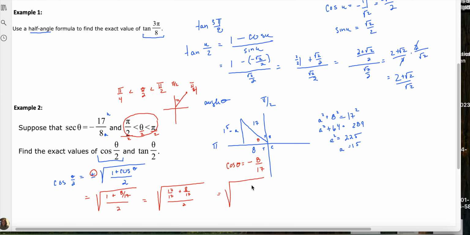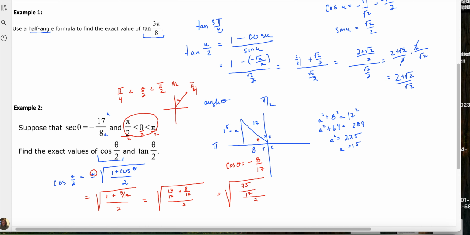So 17 and 8 is what? 25 over 17, and then that's all over 2. So really that is 2 over 1. So when you multiply, just kind of shortcut, when you multiply 25 over 17 by the denominator, you know what, I made a sign error here.